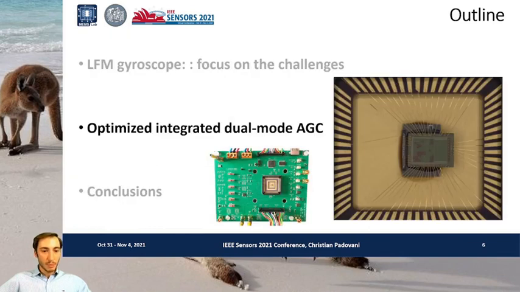The figure reported here is the fully integrated chip, which contains not only the two oscillators and the AGCs, but also the frequency-to-digital converters and the digital processing part needed for a Lissajous frequency-modulated gyroscope to work properly.